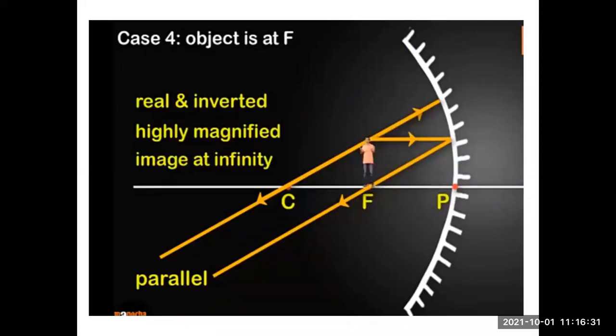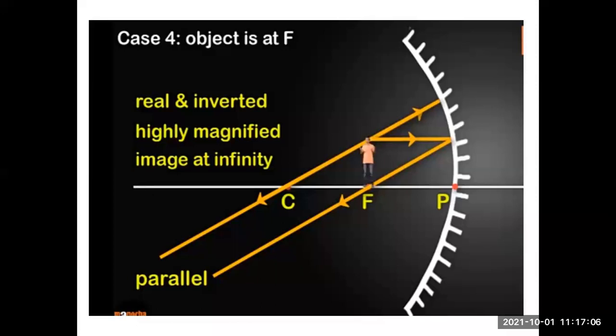First rule: if the incident ray is parallel to the principal axis, the reflected ray passes through the focus. And if the incident ray passes through the center of curvature, the reflected ray travels along the same path, so only a single line is there. You can see the arrow headed towards the spherical mirror and out of it.